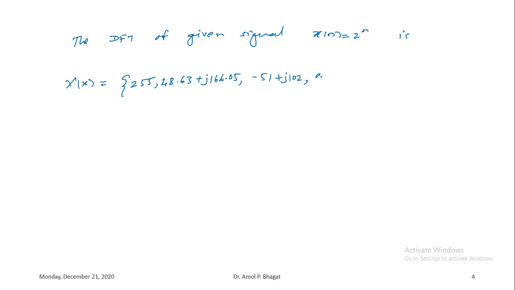X of 3 is 91.05, then plus J3.63, right?